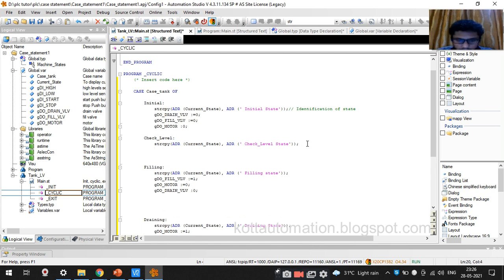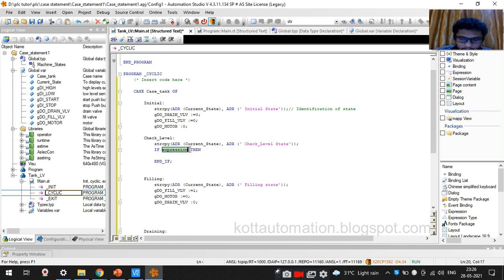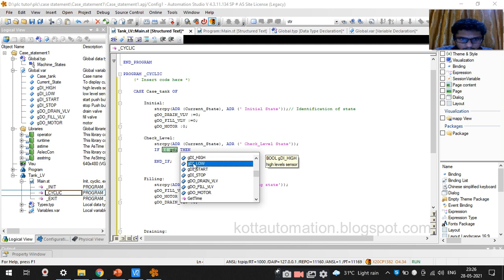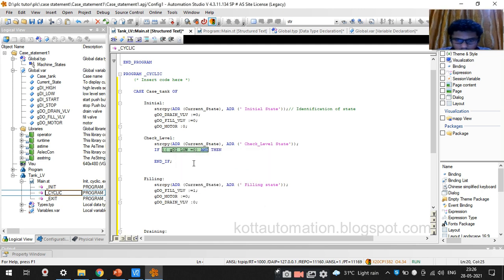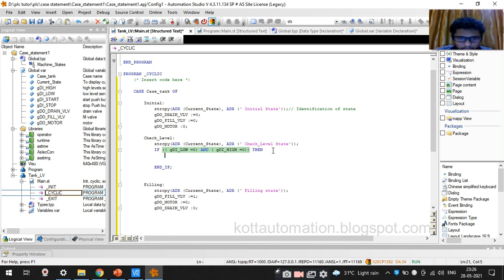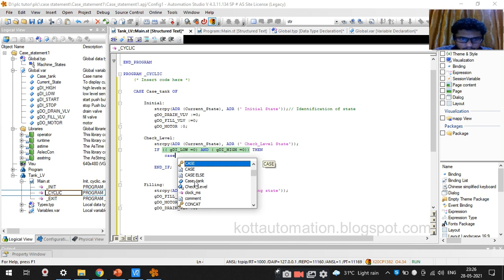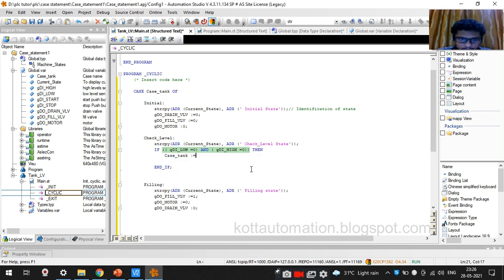So now in check level, if my lower level sensor and the higher level sensor are off, my filling cycle should start, means my filling statement should be executed.